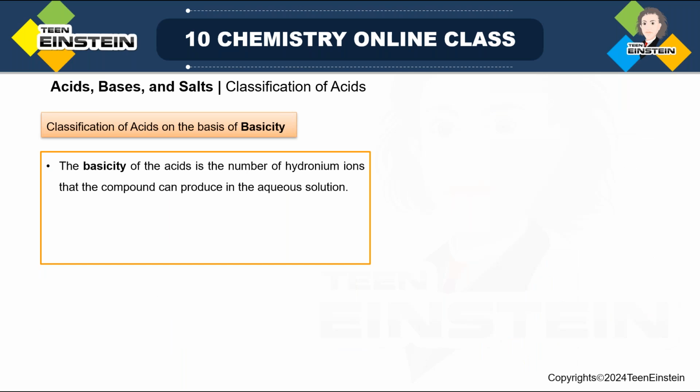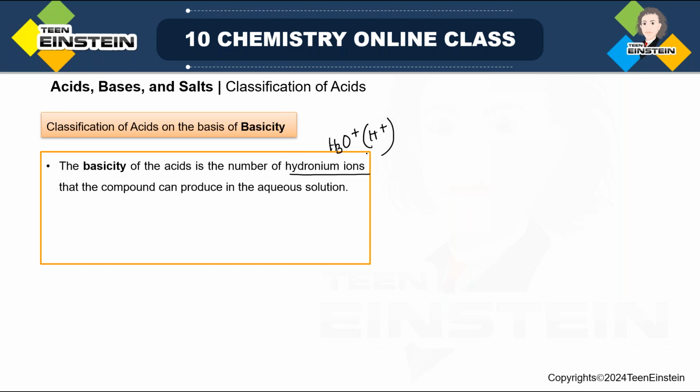Classification of acid on the basis of basicity. First, we will try to understand what is the definition of basicity. So basicity of acid is the number of hydronium ions, that is H3O plus, or you can also say H plus. So number of H plus that can be generated. Why are we saying the definition in terms of H3O plus? Because ultimately we will deal with aqueous solution.